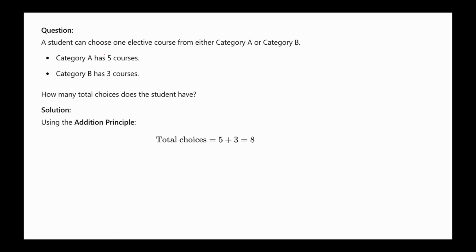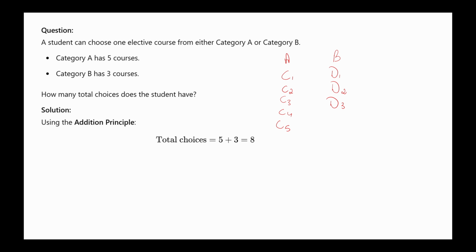For example, a student can choose one elective course from either category A or category B. Let us write it down. Here we have category A, here we have category B. Here I have, let's say, courses C1, C2, C3, C4 and C5. And in B category I have 3 courses, let me write them as D1, D2 and D3.